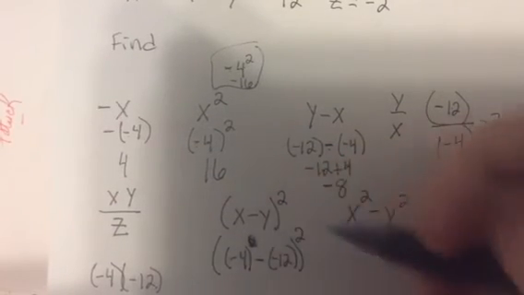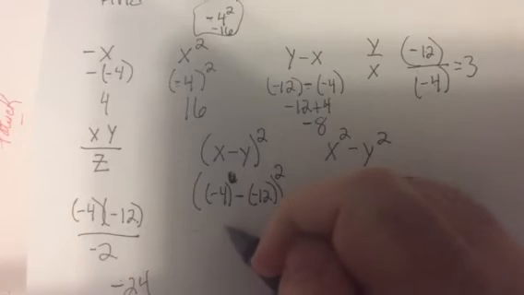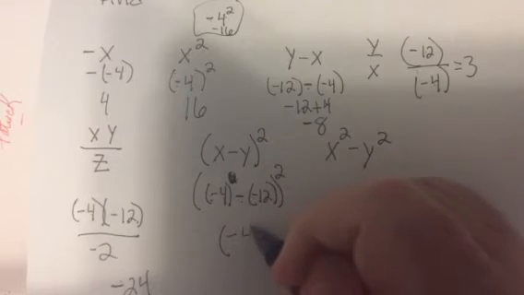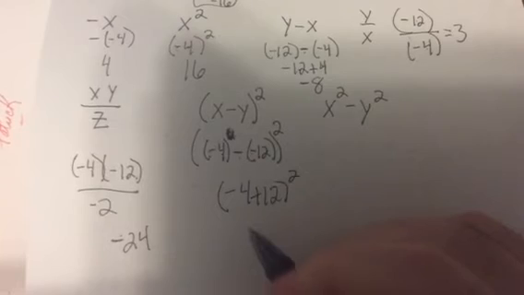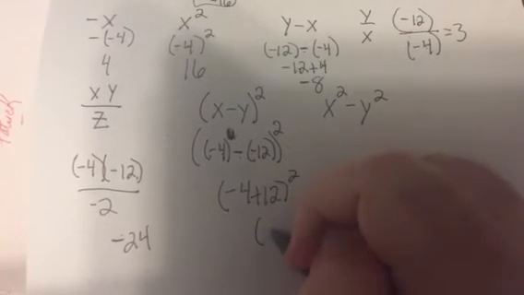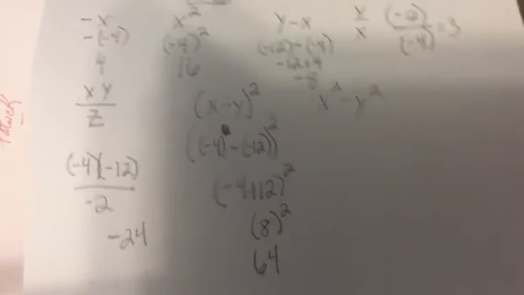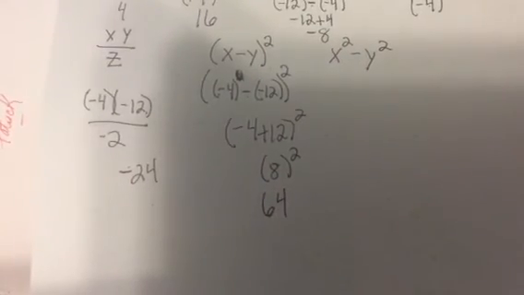That should not be there. I messed up. Sorry. So negative 4 minus a minus 12 would be minus 4 plus 12. And minus 4 plus 12 is 8. And 8 squared is 64. 8 times 8 is 64.